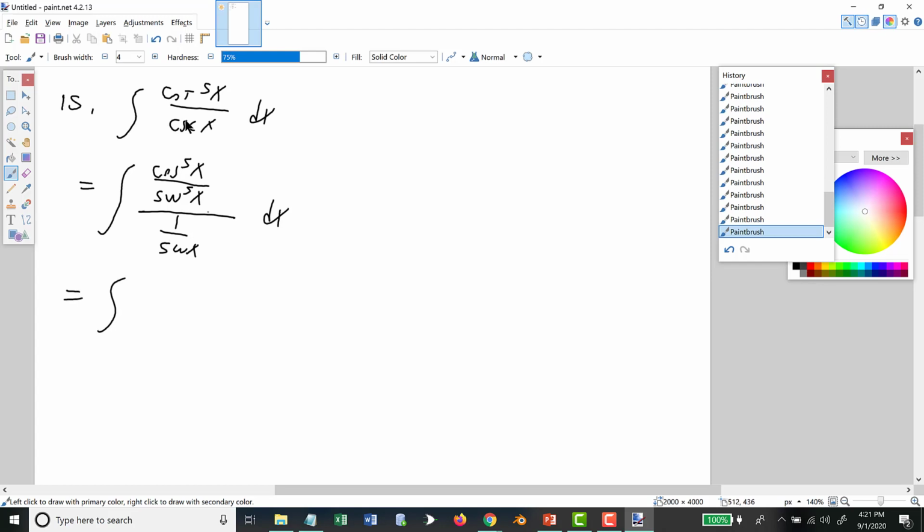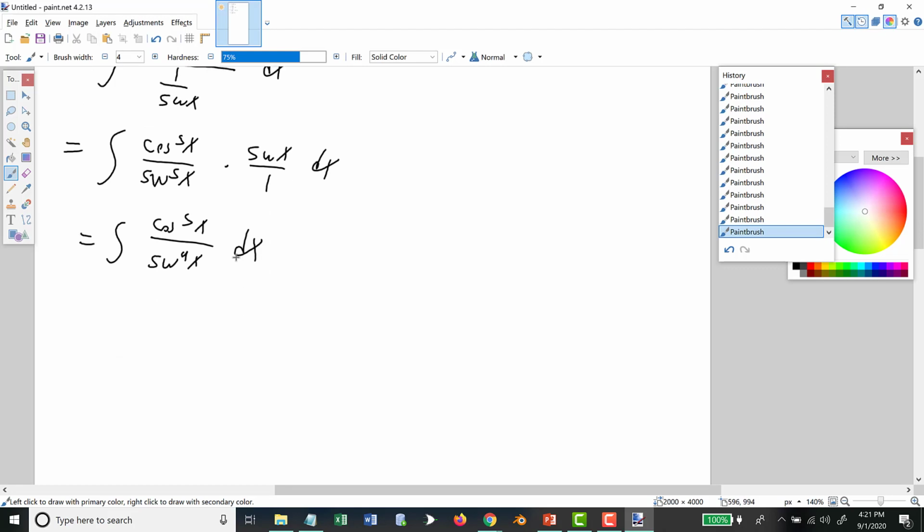Now I can flip this, multiply times the top. So cosine to the 5th over sine to the 5th times sine over 1. And then that gives me cosine to the 5th x over sine to the 4th x dx. And what am I going to do here?